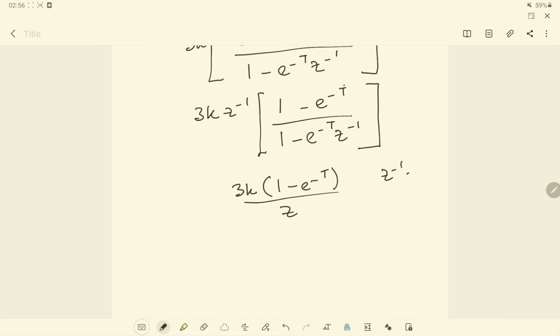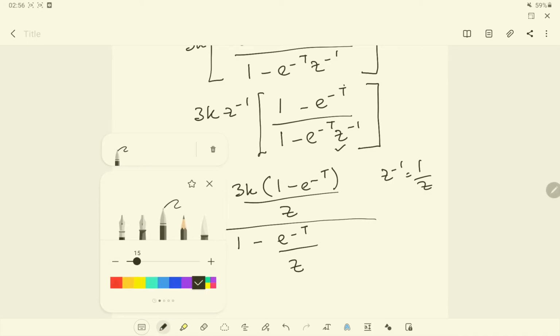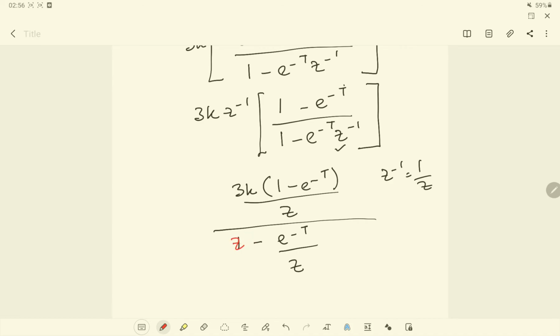Z minus 1 is equal to 1 over Z, over 1 minus exponent negative t over Z. So we arrange the equations, and this thing becomes Z over Z.